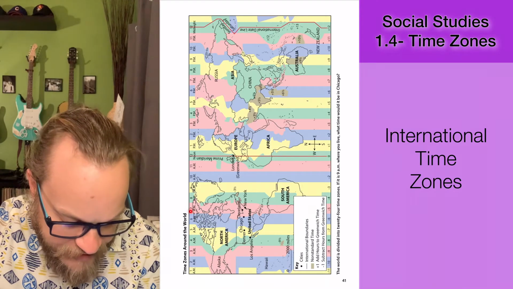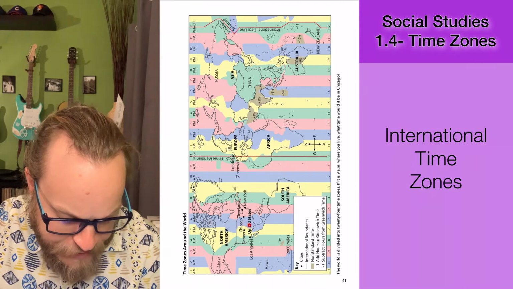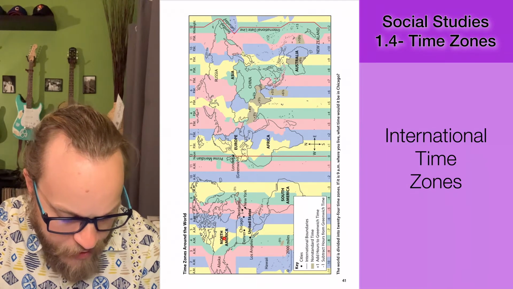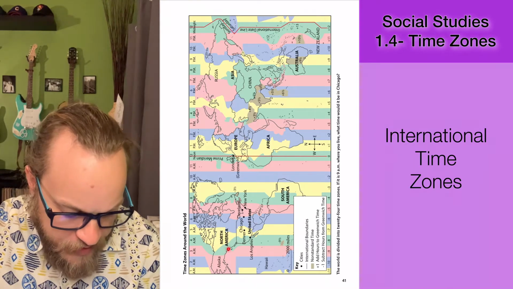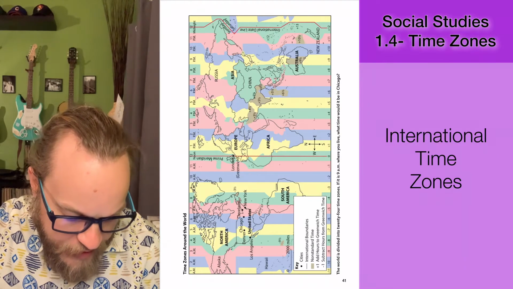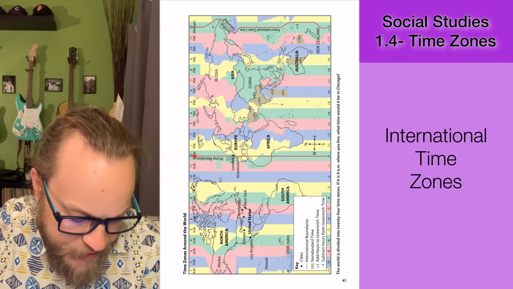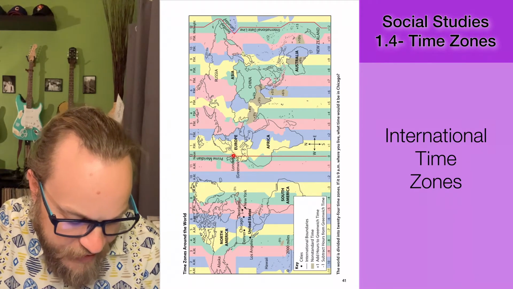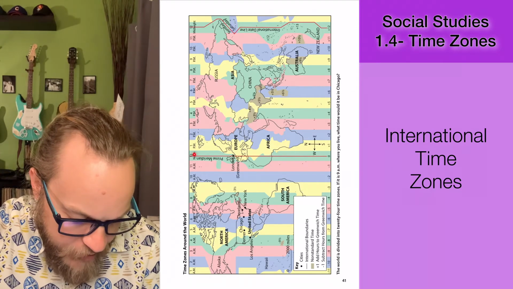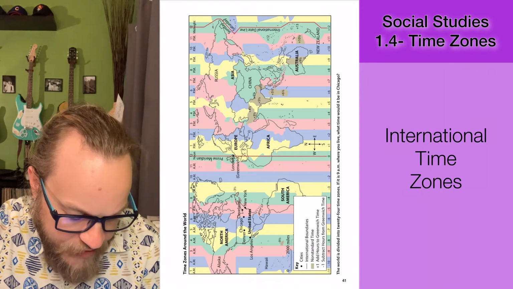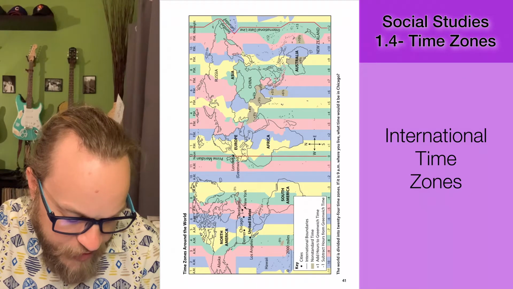Here in the United States, we have our Eastern time zone, our Central time zone, our Mountain time zone, and our Pacific time zone. And if I count from the prime meridian, if it's noon in England, and I'm trying to figure out where it is in New York, I go over 1, 2, 3, 4, 5.